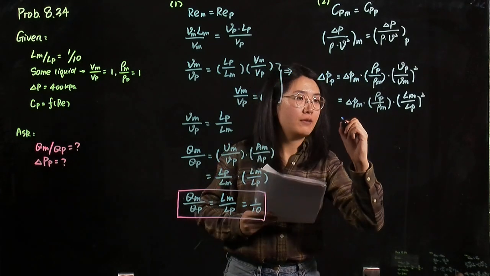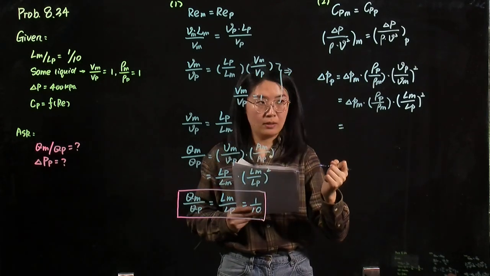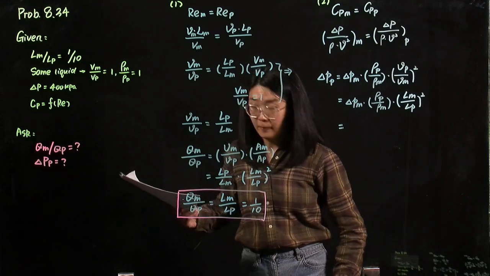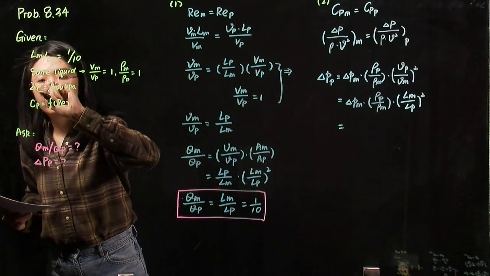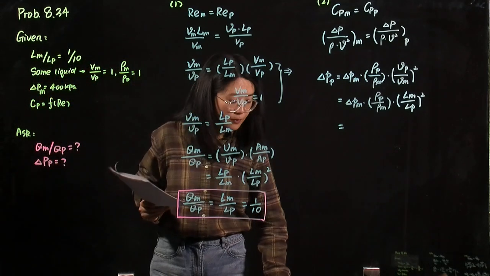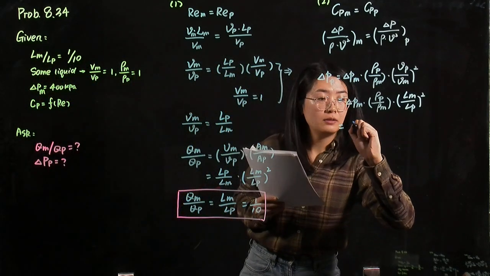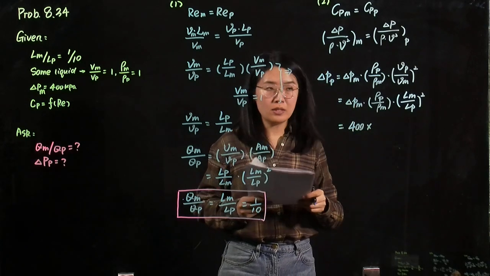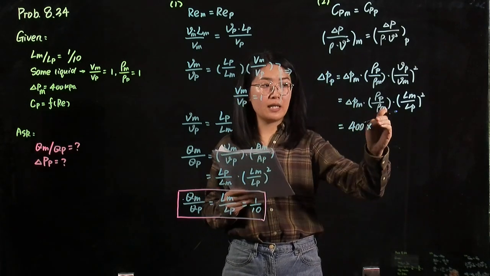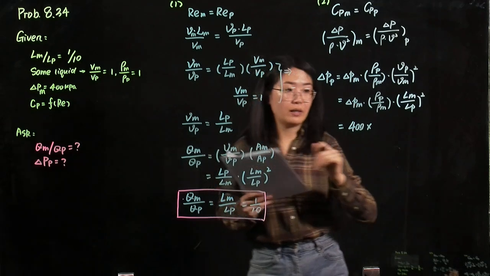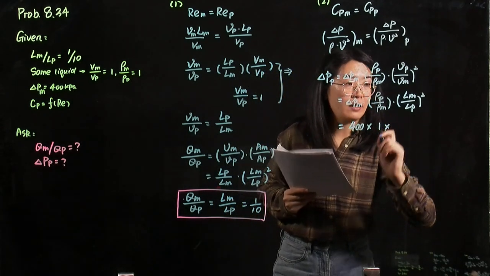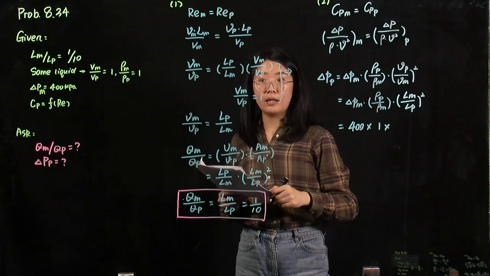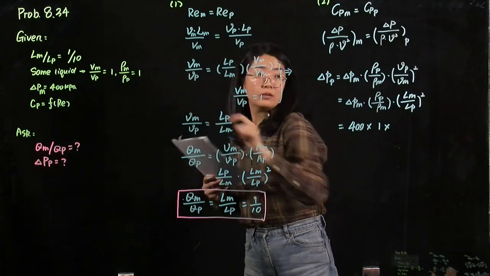And then we can bring the value to this equation. The delta P m is 400 kilopascal. And the density ratio equals 1, so we times 1. And the length ratio is given here, right?